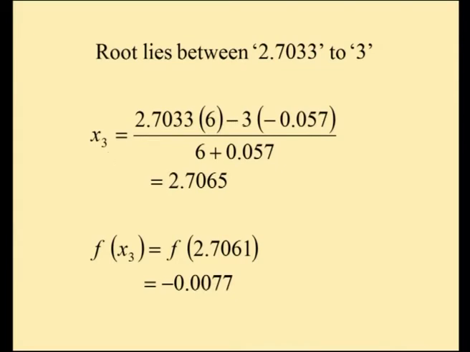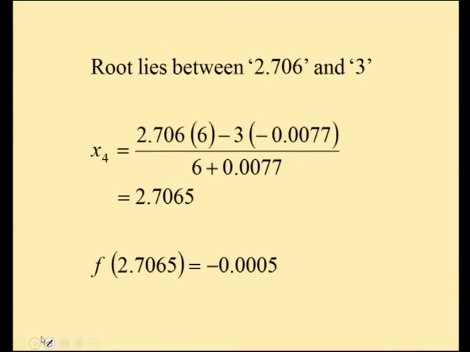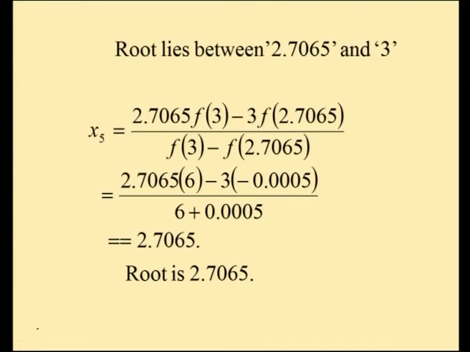So x3 is equal to 2.7033 into f of 3 minus 3 into f of 2.7033 divided by f of 3 minus f of 2.7033, and the answer comes to be 2.7065. This happens to be negative, so the root lies between 2.7065 and 3. Then again we continue the calculations and the root lies between 2.7065 and 3.